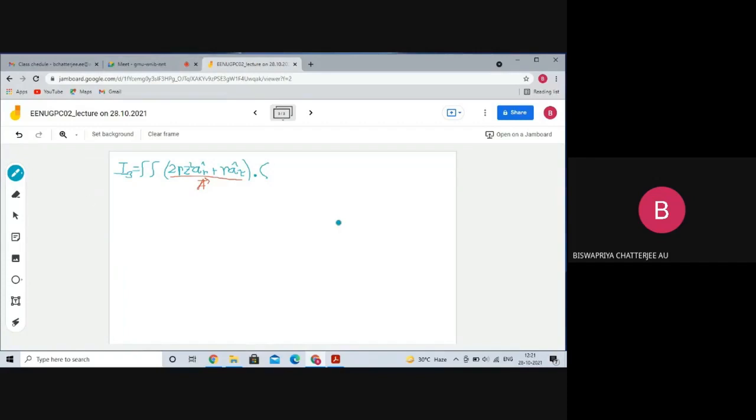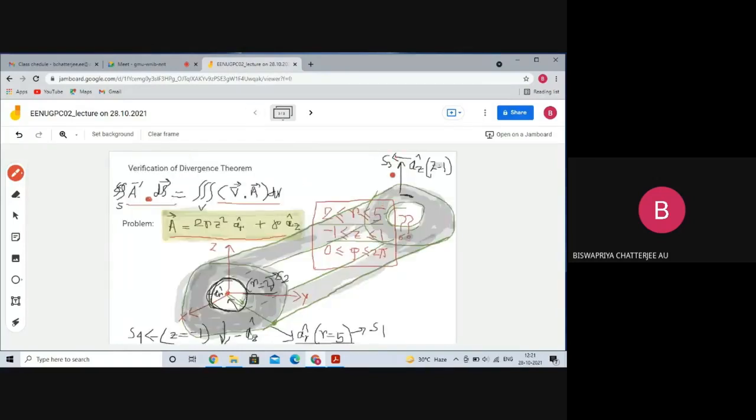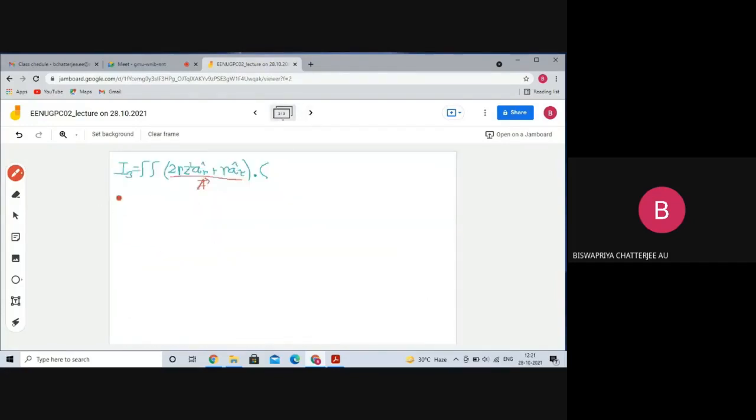Now, as you can see from the diagram, dS3 is a constant z surface, and it is mathematically equal to dSz. If you go back to your previous note, it will be equal to r dr d phi az cap. So this is the equation for dSz.